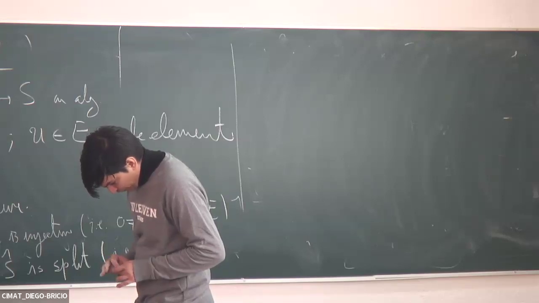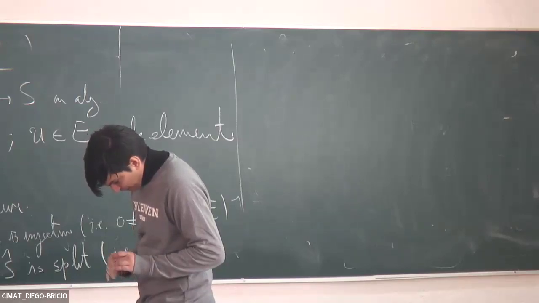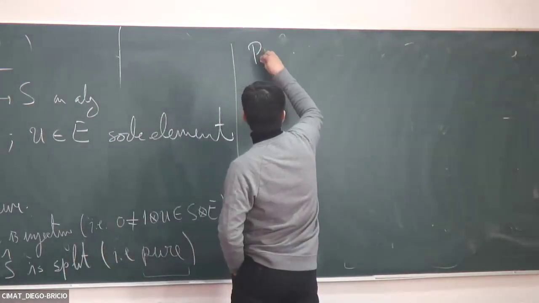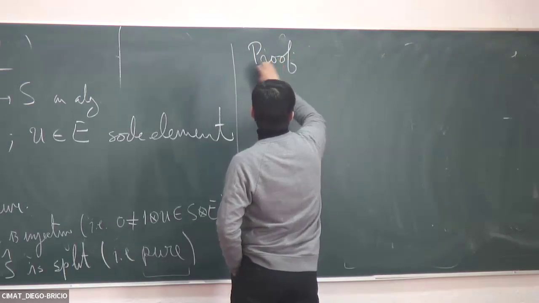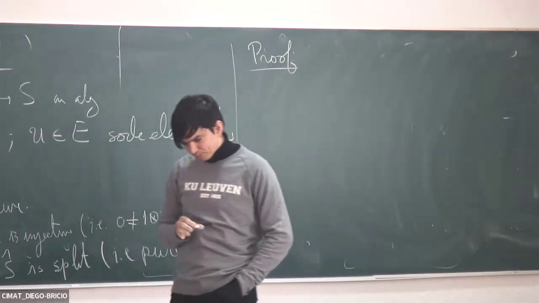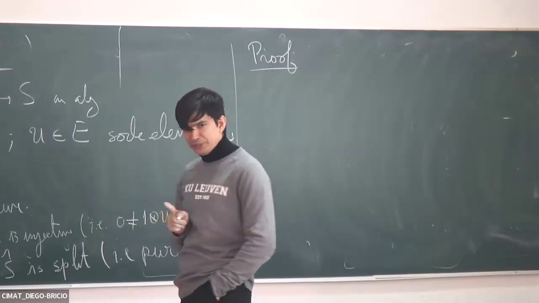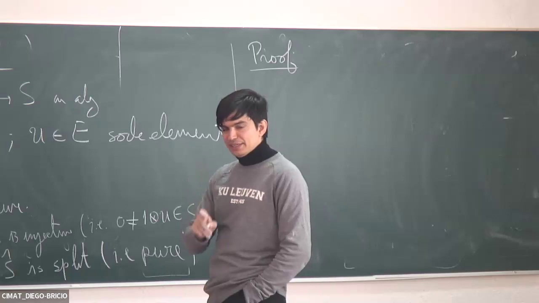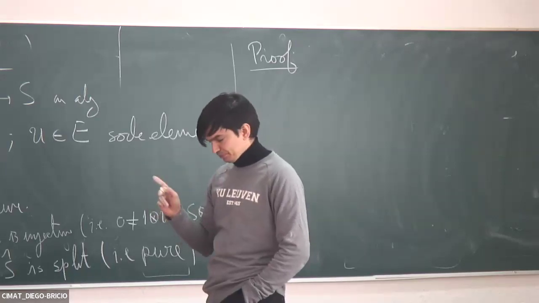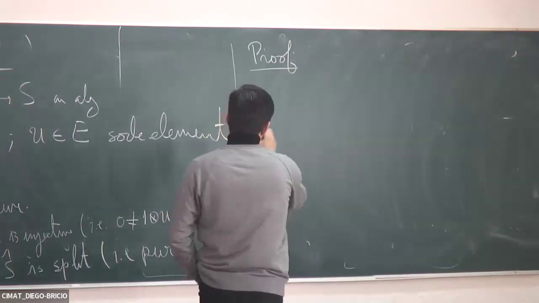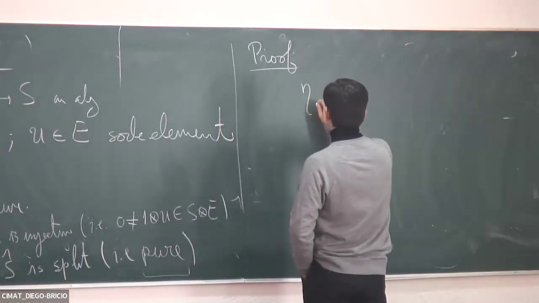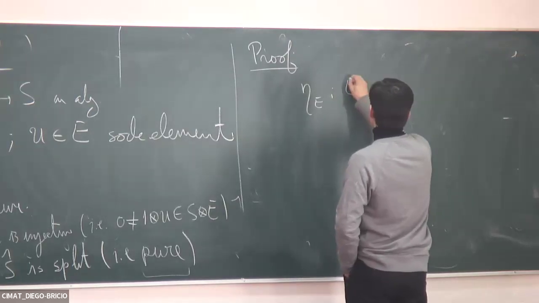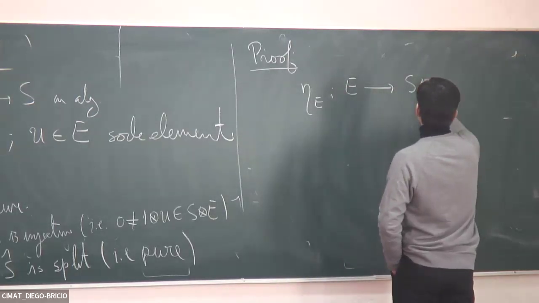The proof is the following beauty. Okay, proof. It is a proof worth having in your heart. So what we're going to do is compare eta E and the eta of the completion. In principle, we have to look at eta E, which is a map from here to here.